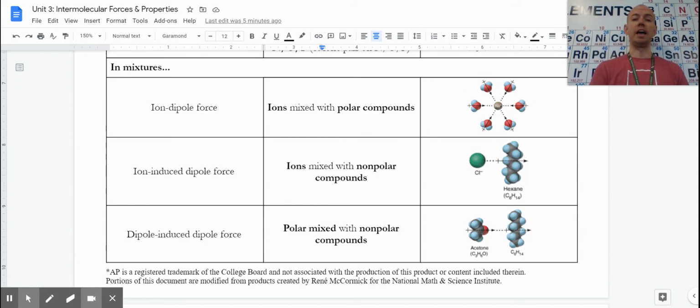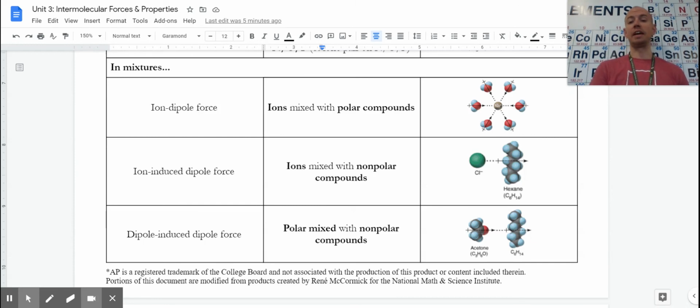We call that an ion to dipole attraction because it's an ion to a polar compound. When we place an ionic compound in something nonpolar, the ion could be attracted to the nonpolar compound and force some polarity on there. That would be an ion to induced dipole force.